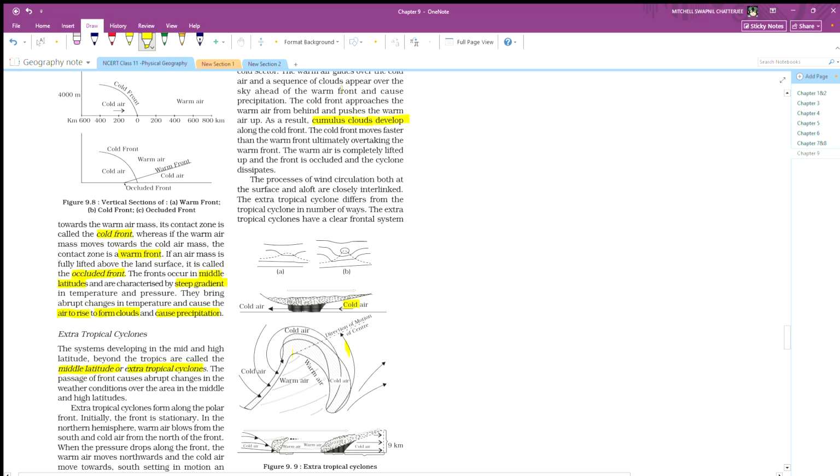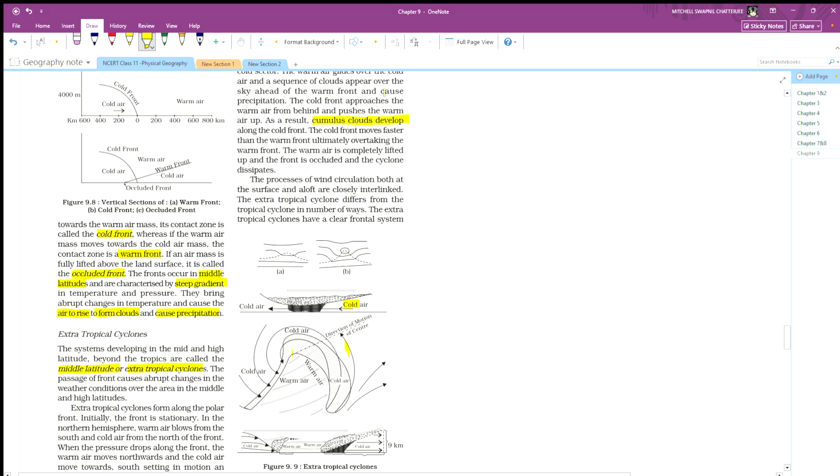So basically it is saying that when the cold air completely overtakes the warm air, the process of cyclone stops. So until and unless the cold front overtakes the warm front, we have a cyclone.